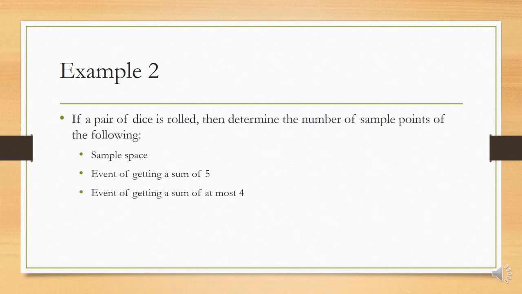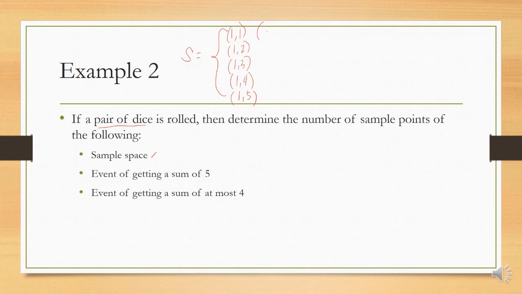For example number 2, we now have a pair of dice. So we roll the dice together and then determine the sample points of the following. For our sample space, we will have a combination of numbers when we roll the dice. It could be 1,1, 1,2, 1,3, 1,4, and 1,5.